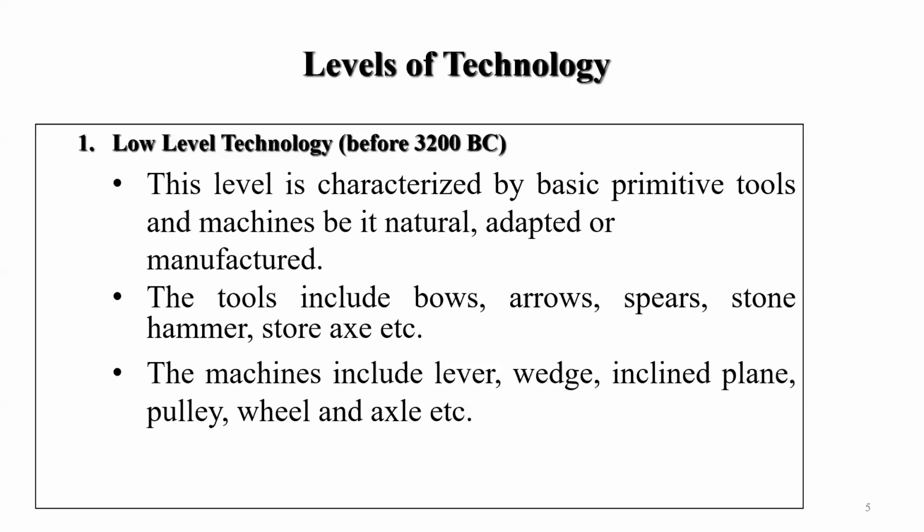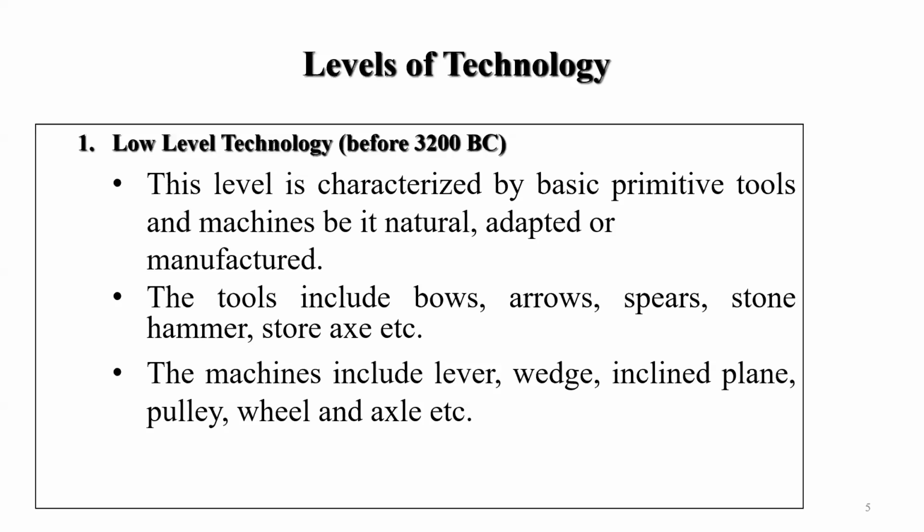So you have the tools available or the machines available at that time to include bows, arrow, spear, stone, hammer, axe, and things of such. The machines include lever, wedge, inclined plane, pulley, wheel and axle, and the likes.